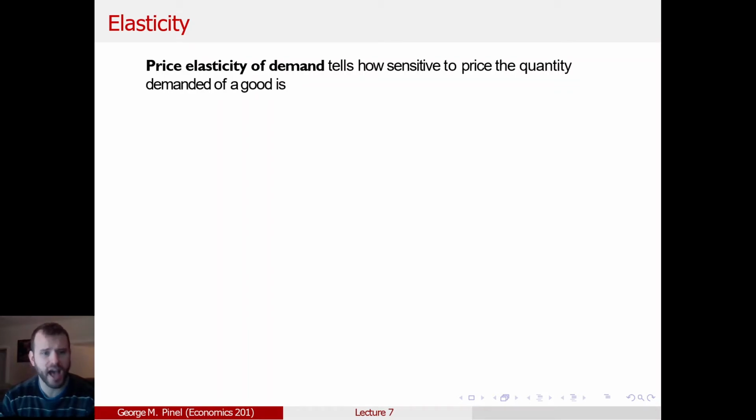So imagine you have an inelastic product, a product for which when the price increases by a lot, quantity demanded doesn't go down by a whole lot. Quantity demanded should go down when price increases by the law of demand. But if you increase the price by a lot and quantity demanded only goes down by a little, you're selling at a much higher price to only a few less consumers.